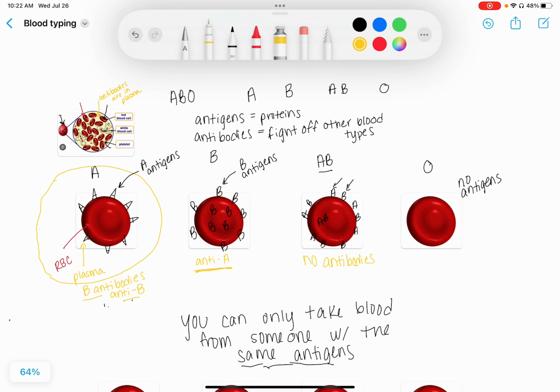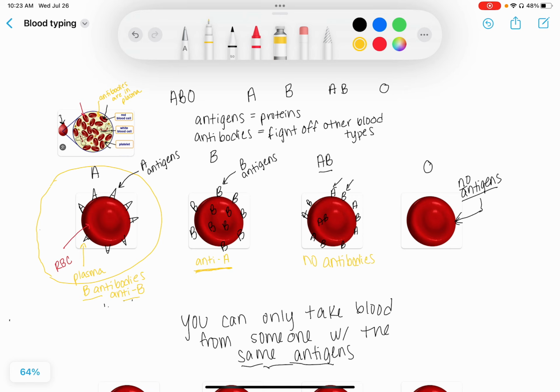Moving over to O blood, this one's also different, because there are no antigens on the surface of the red blood cell. It's that naked blood cell, no antigens. So if this person with O blood was given A, B, or AB blood, they would not be able to take it, because remember, you can only take blood from someone with the same antigens.